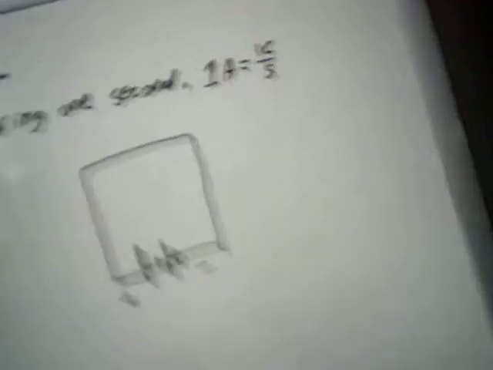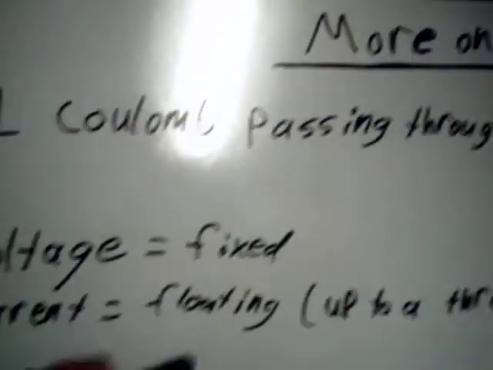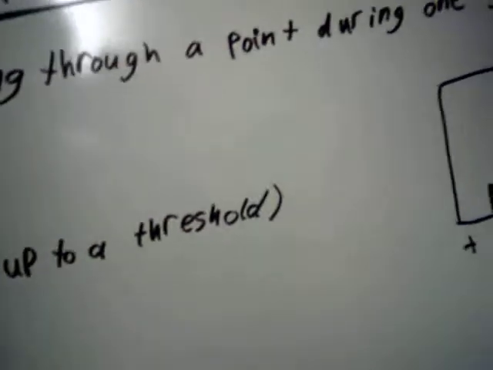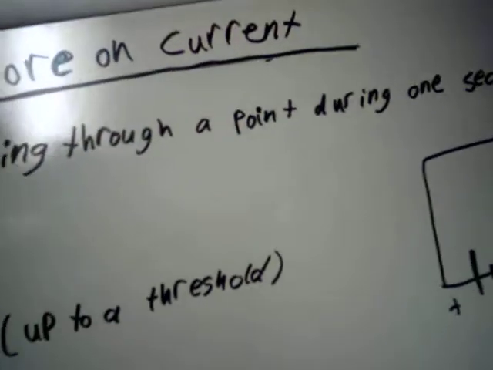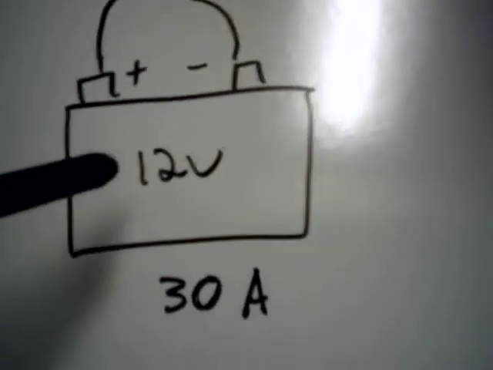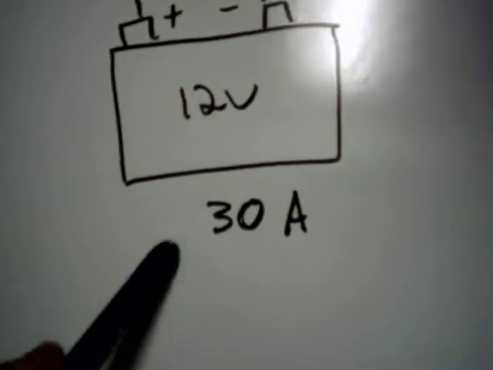Alright? Now, the difference between voltage and current is that voltage is fixed, and current is floating, but only up to a certain threshold. Let me explain. Okay, so you have your battery. Let's say this one's 12 volts, and it's capable of supporting 30 amps.